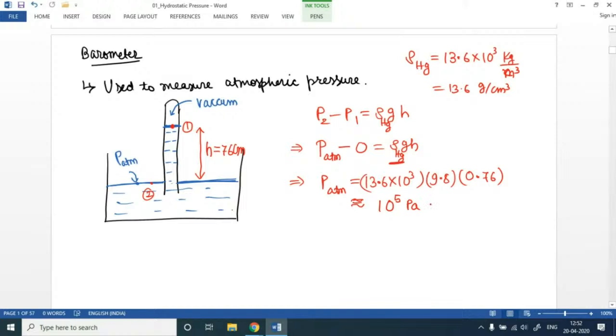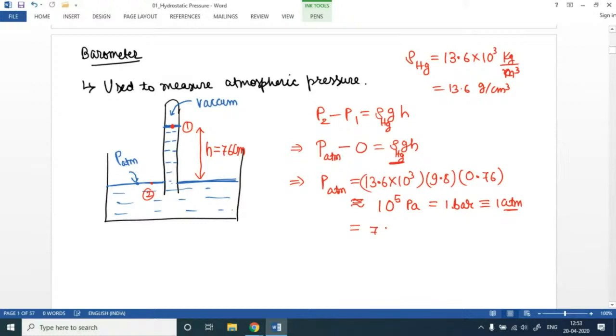That is basically equal to 1 bar, or it is also known as 1 ATM pressure. This is another unit of measuring pressure. So this is the value of atmospheric pressure. Another convenient way of representing this pressure is by the length of the mercury column it is equivalent to.